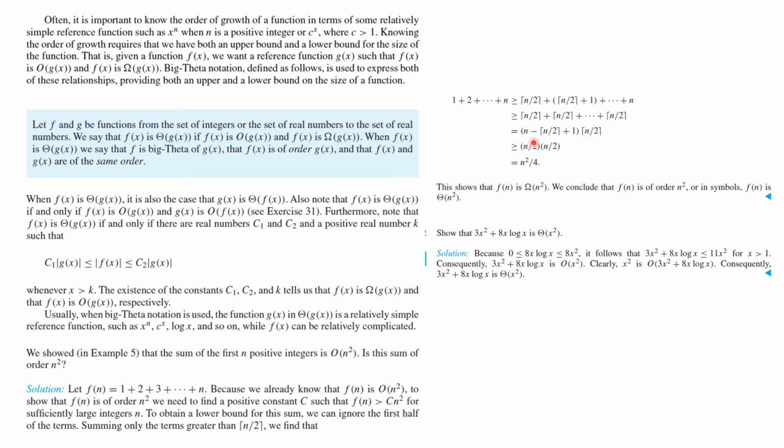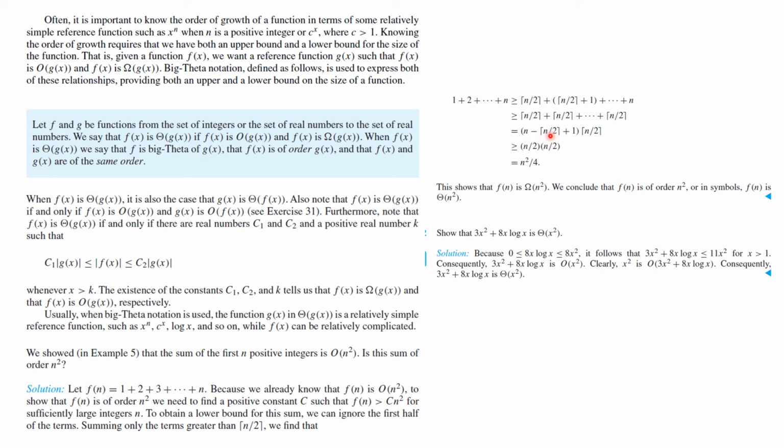And when I write what this is, I can factor out this greatest integer of n over 2, and what I will have is that times the number of terms. How many of them do I have? I have n minus the floor of n over 2 plus 1, which is bigger than or equal to n over 2.